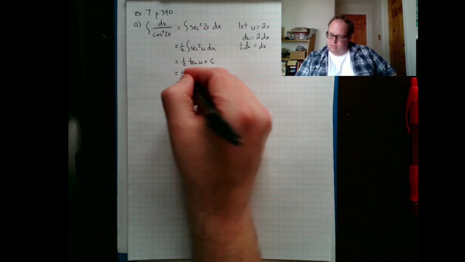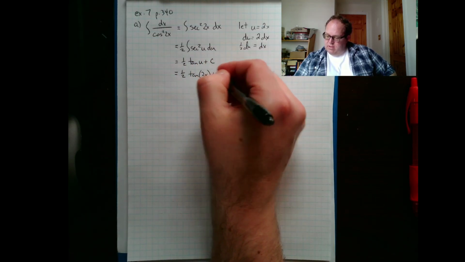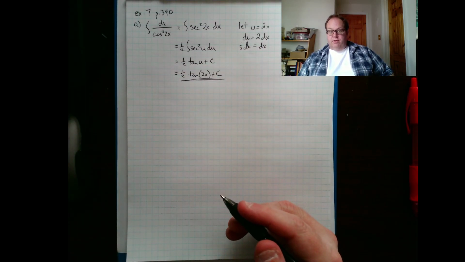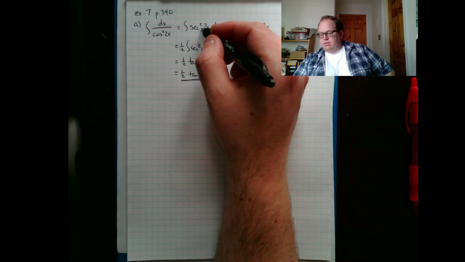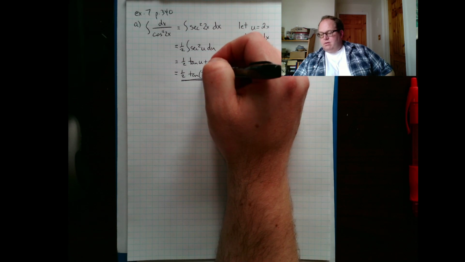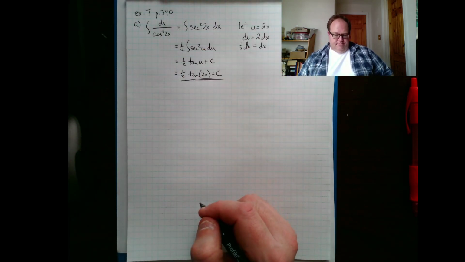And this becomes 1/2 tan 2x plus a constant. And that one you might have been able to reason your way through. You know the antiderivative of secant squared should be tangent. And if you're working with 2x, the derivative of this would bring a 2 out, so you need a half to balance that.